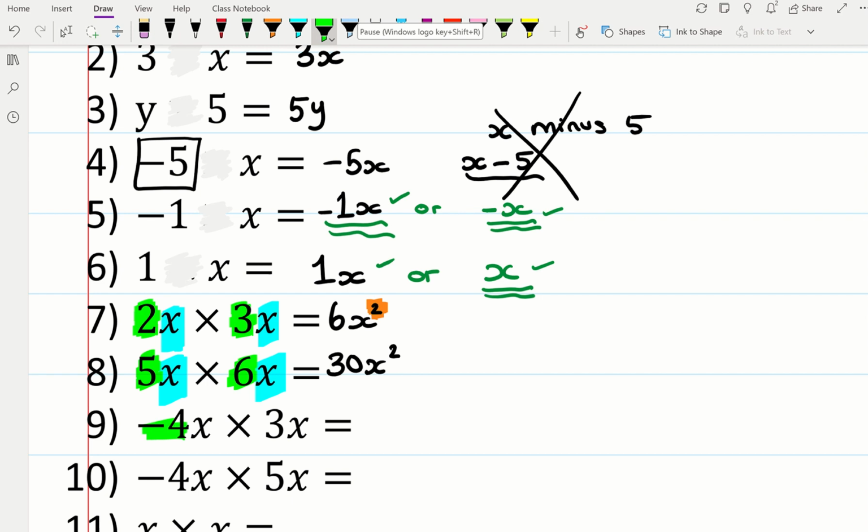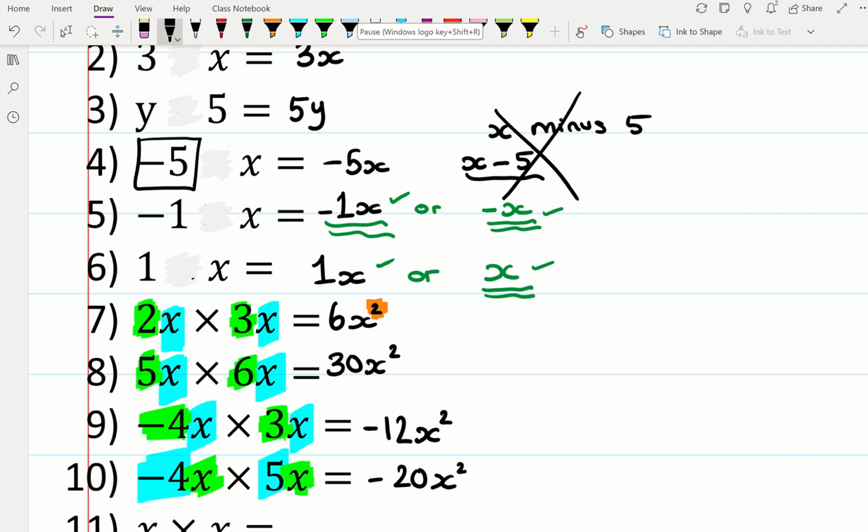Negative 4 times 3 is negative 12. And then x times x is x squared. Negative 4 times 5 is negative 20. And then x times x is x squared.